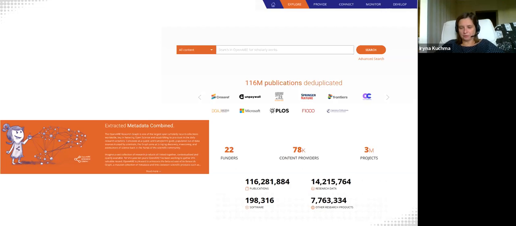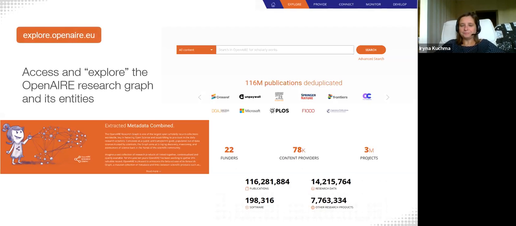We get this information from 78,000 content providers, and we link this information together in what we call the Explore portal. It's a user interface where you can search for openly available publications, data, software, and other research outputs. We don't host the content.